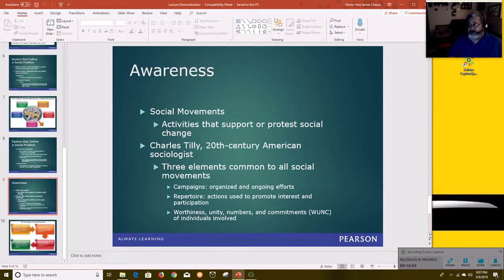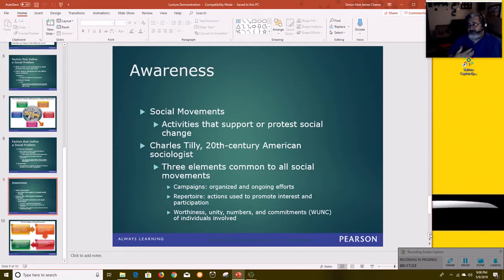People will share it and tell other people, in support of this, please come forward. The gay pride parades, they advertise them, and people can go out there and participate, even if you are part of the LGBT community or not, and show your participation. Worthiness, unity, numbers, and commitments of individuals involved.